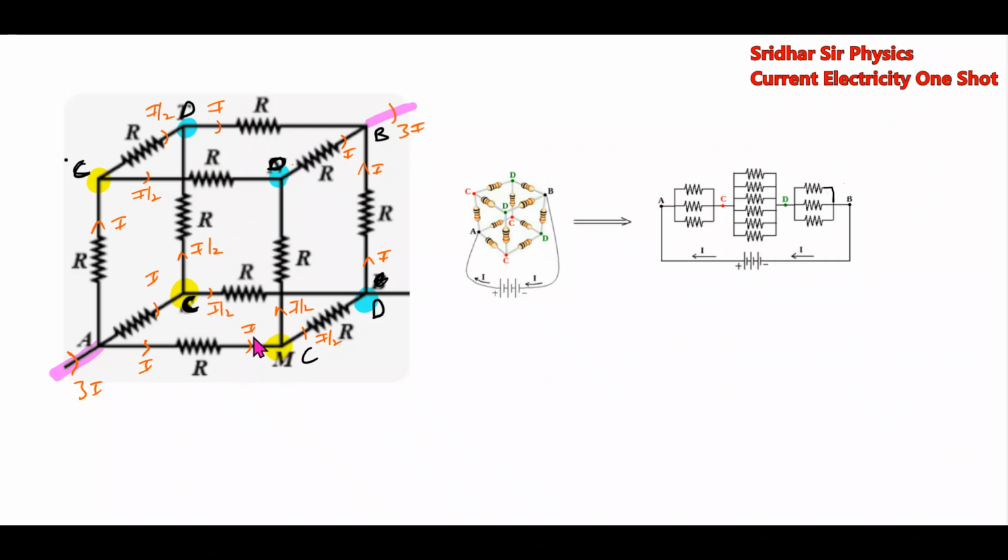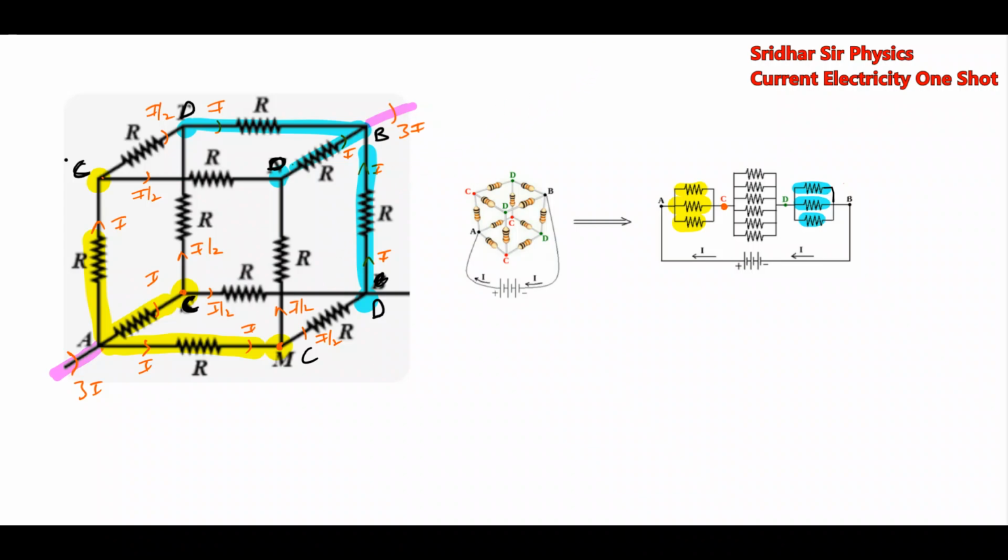Then if you see the potential, the potential of these points will be the same. So we are making them equipotential, joining them between A and C, one resistor. These resistors will come like this. Then the DB resistors are connected here.